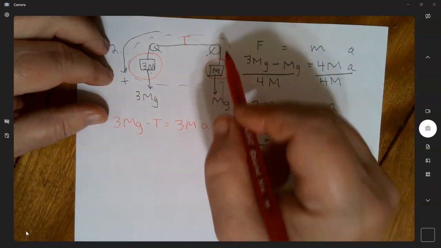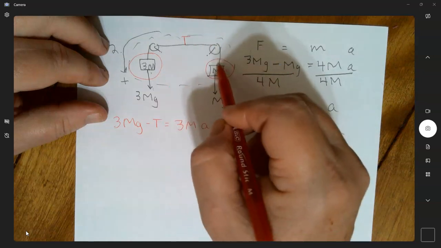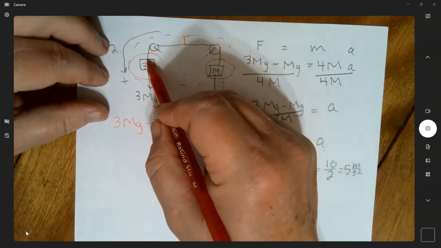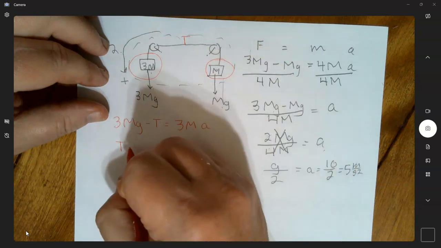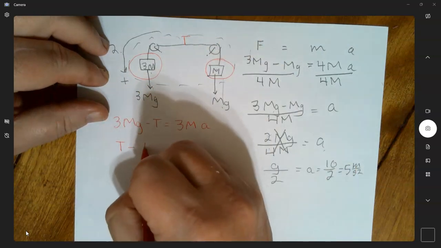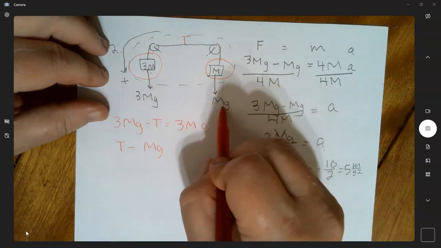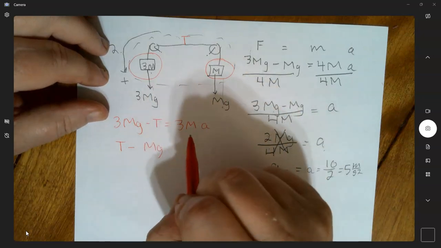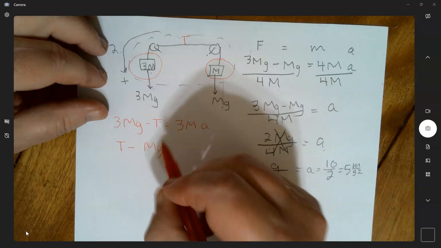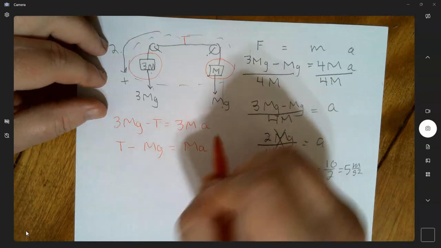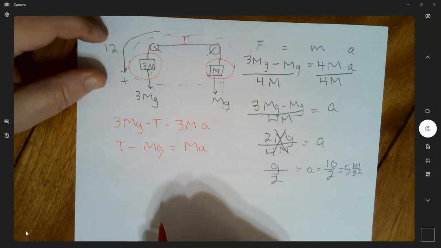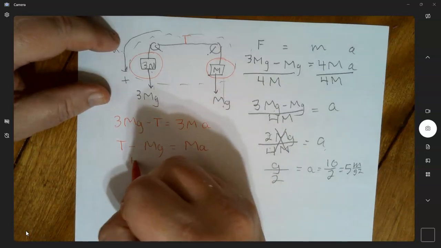So this one, the T is pulling in the positive direction up, over, and to the left, okay? So that's for the m block, it's going to be T minus mg. This mg is pulling down in the negative direction. All right, and that's going to be ma. Okay, and so those are your two equations, and I think the second one's easier.